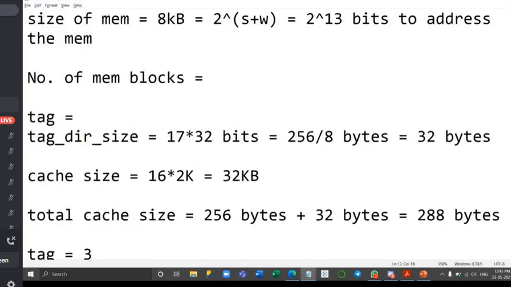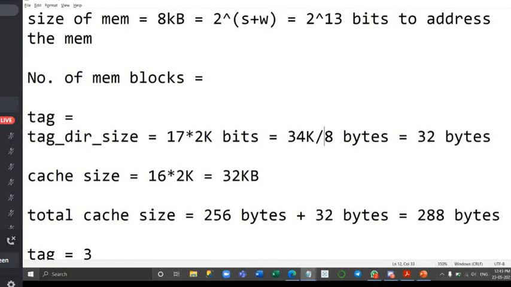So you have 17 multiplied by the number of lines in your cache, which is 2K. So you have 34K bits.